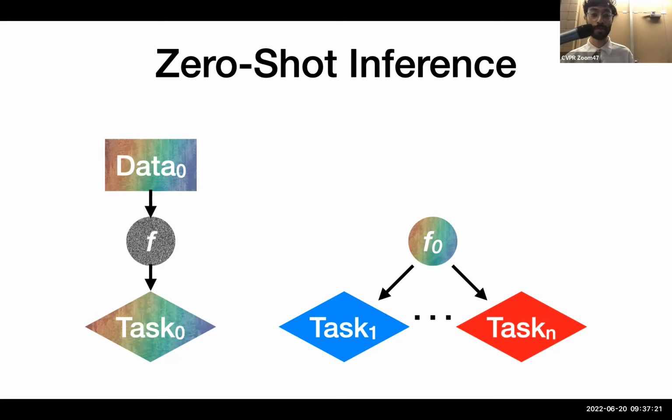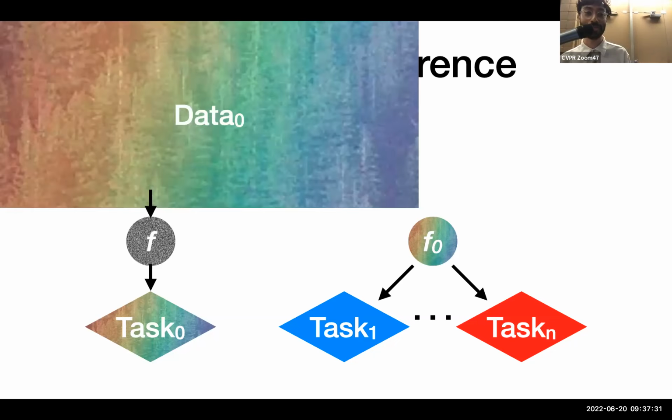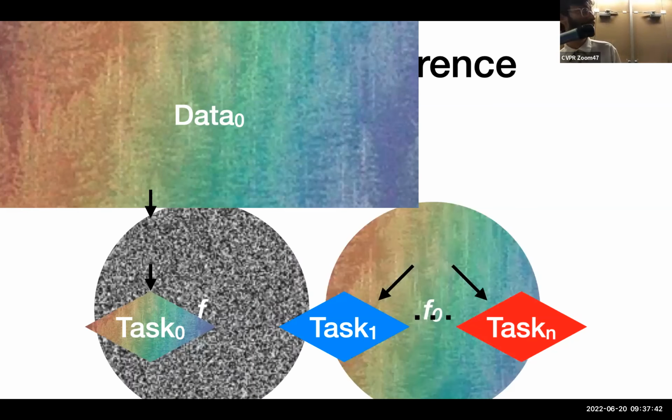But one thing to note is that it's not just about the objective that you choose at pre-training that allows this to happen. There are a few other magical components. The first is data. So your data probably should look more like this. And then you all probably see where I'm going, but your models should also probably look more like this. They don't really fit on the slides anymore.